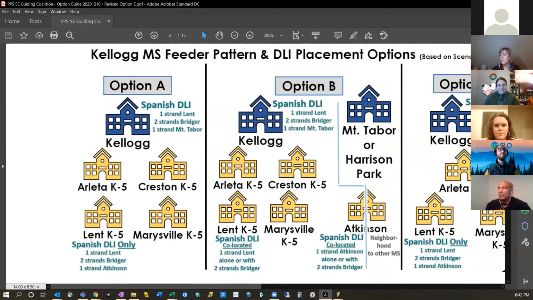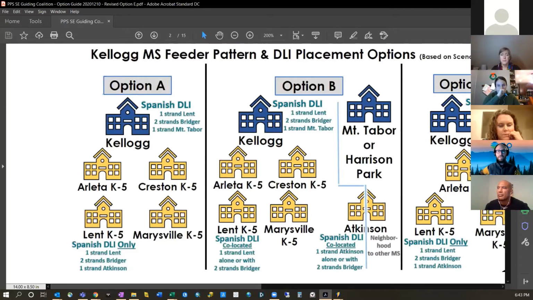And Jed, can you share specifically the differences between the two? Yeah, so they're really the same when it gets to the middle school level for Kellogg. You see that all the grades 6 through 8 students from the Spanish DLI programs in Southeast are at Kellogg, as well as the neighborhood programs, Arleta, Creston, and Marysville.